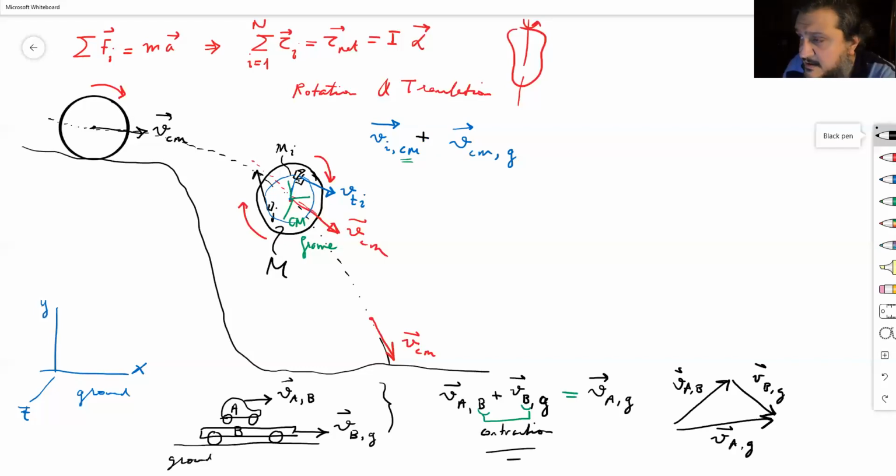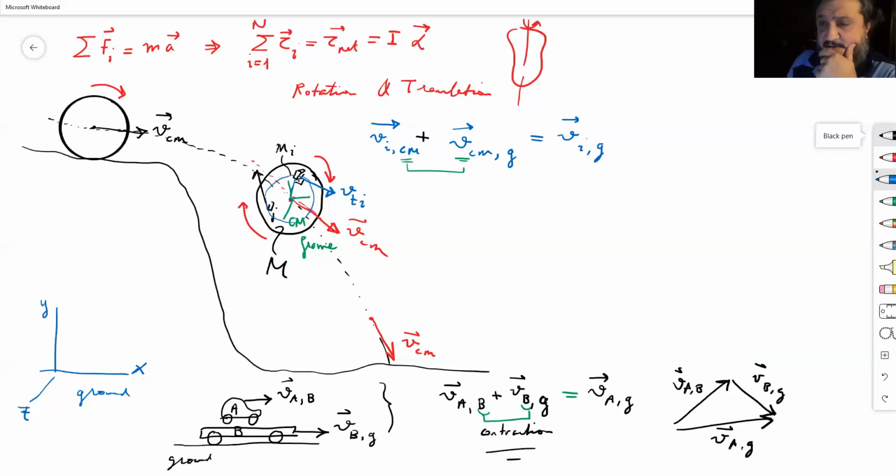So that index here that will be contracted is CM, and this will be equal to VIG. When you add those two vectors, you will get the actual velocity of that ith mass with respect to the ground.